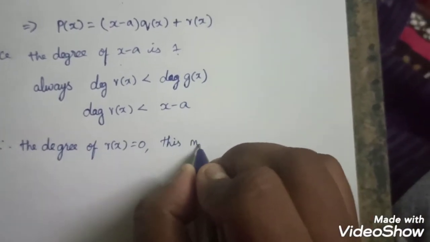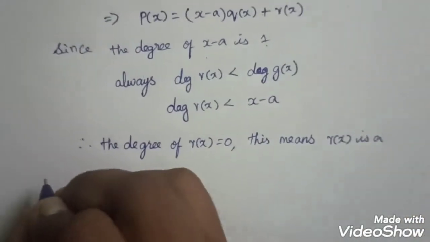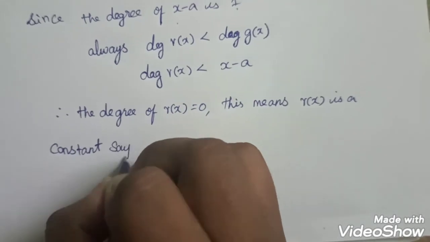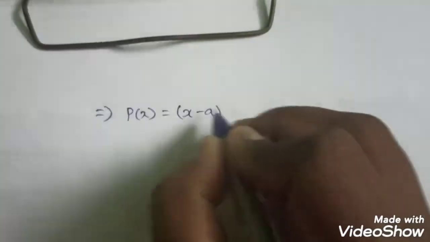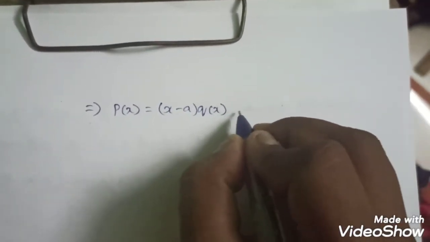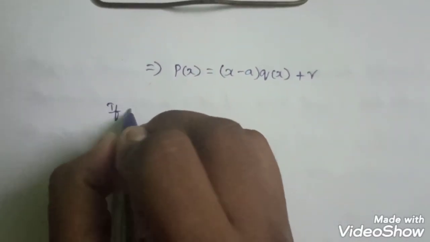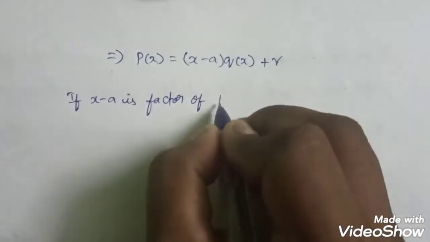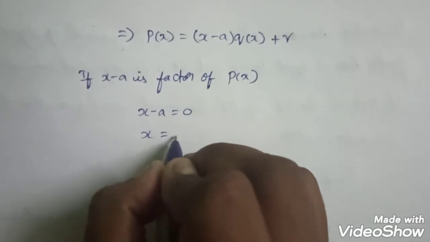This means R of X is a constant, say R, which implies P of X is equal to (X minus A) Q of X plus R. If X minus A is a factor of P of X, then X minus A equal to 0, X equal to A.